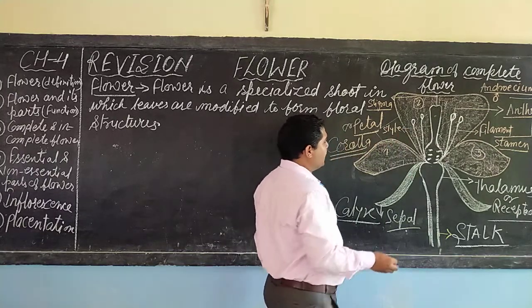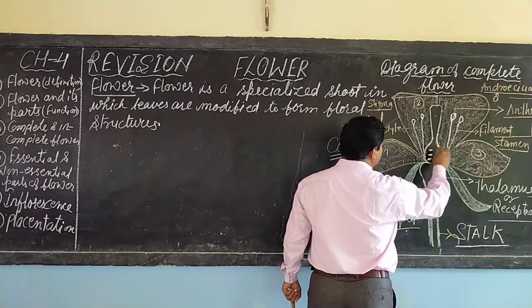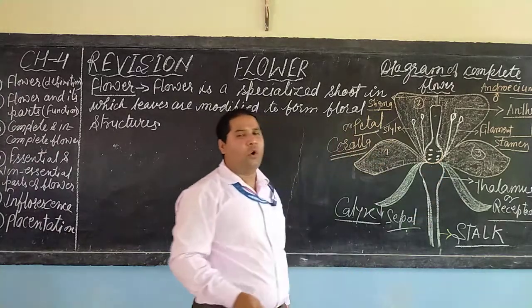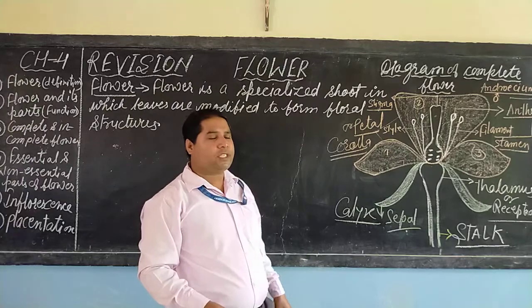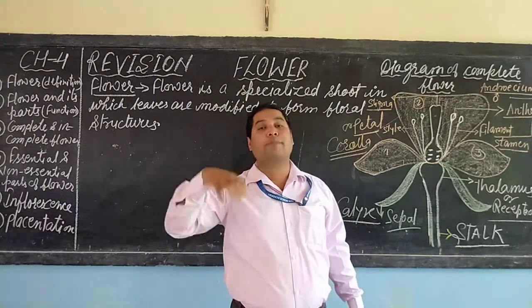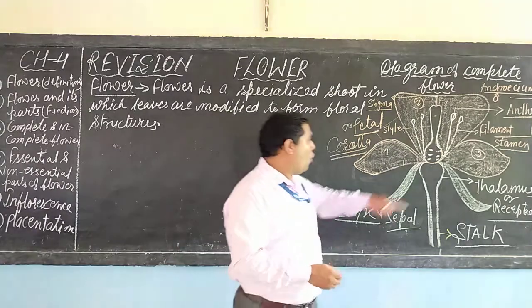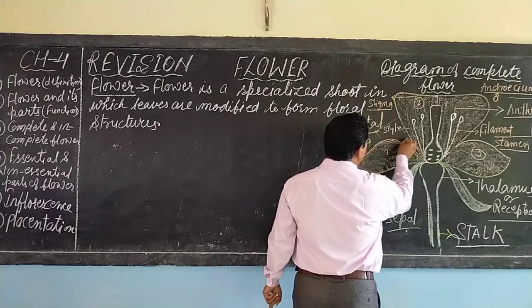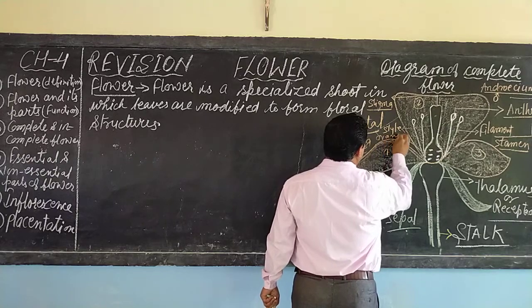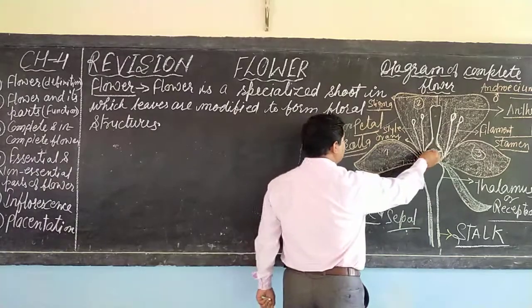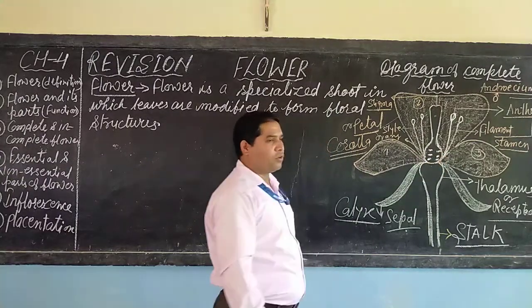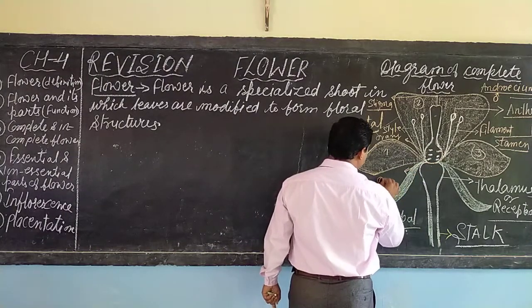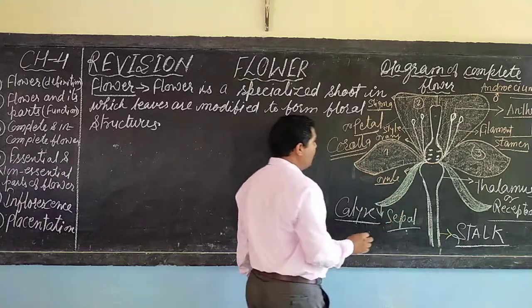Next, proceeding downward, you can see a swollen portion, and this swollen portion is known as ovary, which later modifies into fruit after fertilization. Whereas the white dot structures you see here are known as ovules, and ovules later form seeds after fertilization.